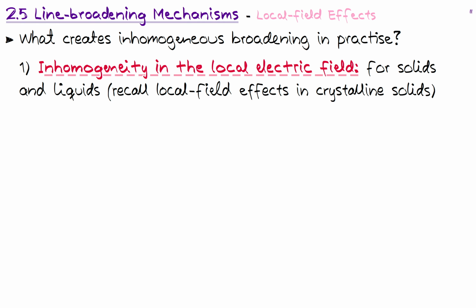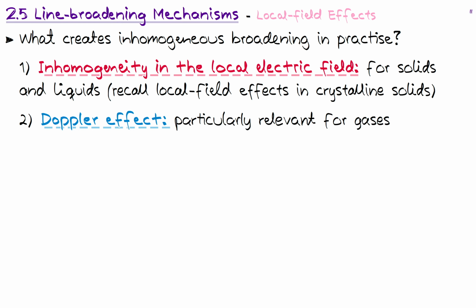Another, and this is a great, practical, easily understood example, is Doppler effects, which are particularly relevant for gases or liquids. This is an easy example to understand, because we already covered the Doppler effect in high school physics.